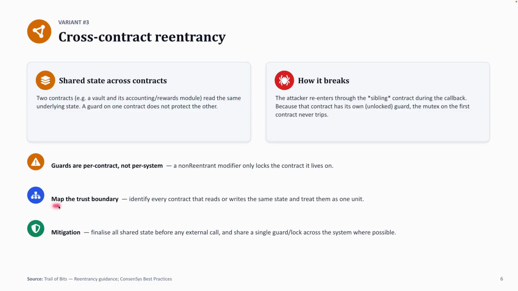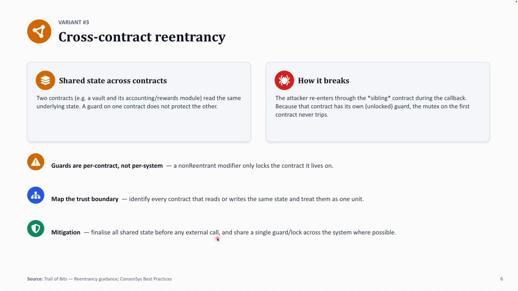Secondly, you must map the trust boundary. Identify every contract that reads or writes the same state and treat them as one unit. If there are 4 contracts that read or write the balances mapping variable, then you should treat them as a single unit. What is the mitigation? You must finalize all shared state before any external call.